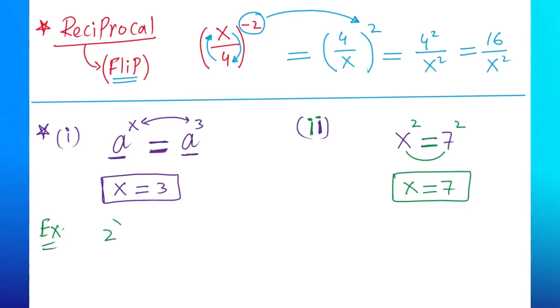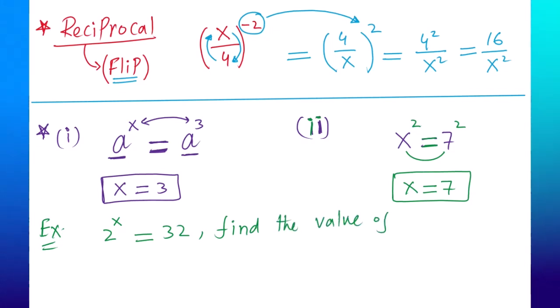2 raised to power x is equal to 32, and they are asking to find the value of x. So we have to make the same base on both sides.